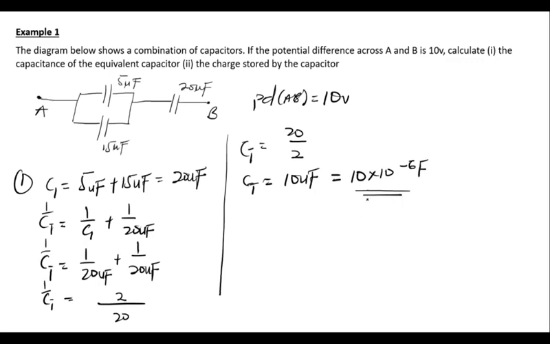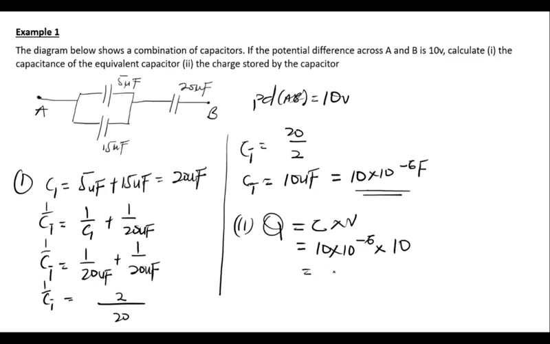Okay, so the second aspect of the question, part II, the charge stored by the capacitor. We know charge Q is equal to the capacitance multiplied by the voltage. So our capacitance over here is 10 times 10 raised to the power minus 6, multiplied by our voltage, which is 10 volts, or the potential difference.